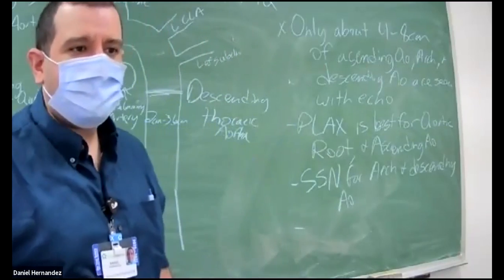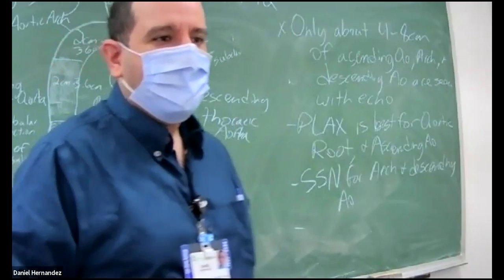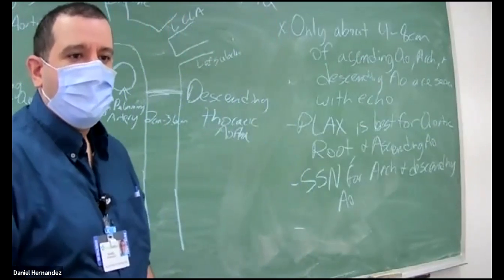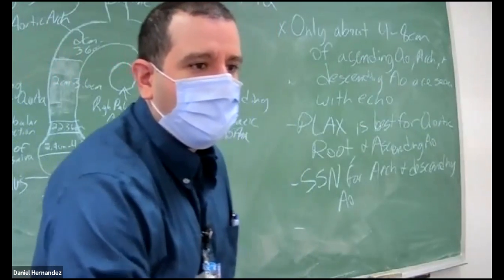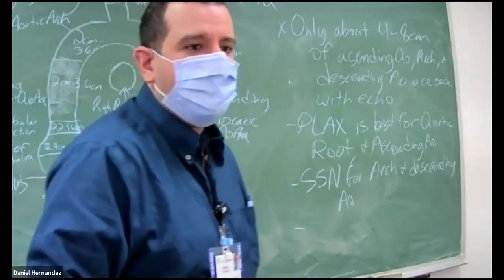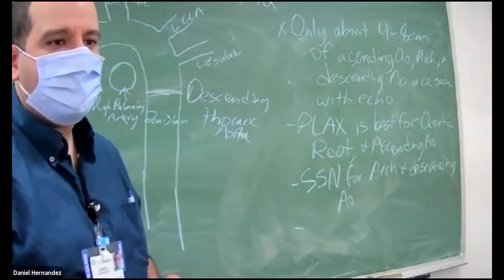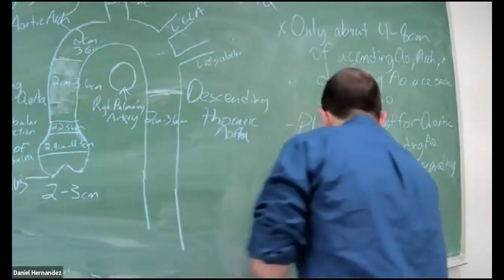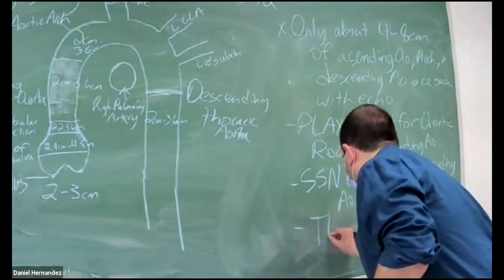But if you really want to get a good look at everything, we'll do a TEE. It provides a broader window for assessing the aorta, and we can image the ascending, the arch, as well as the descending aorta.